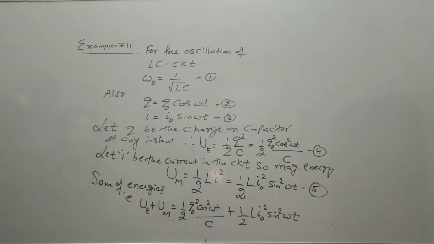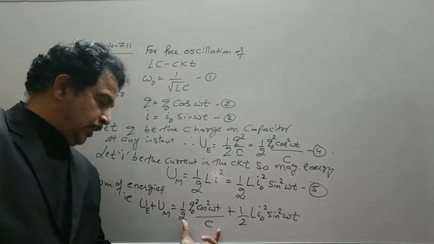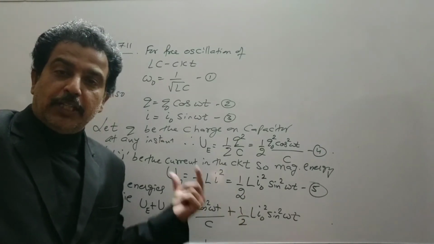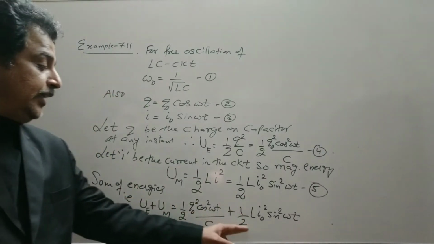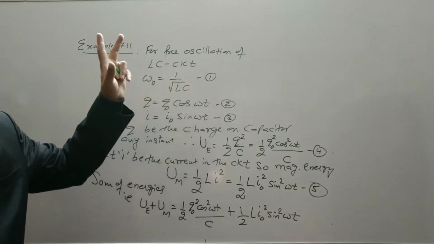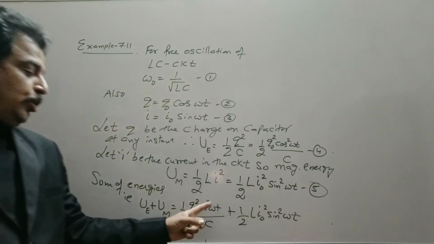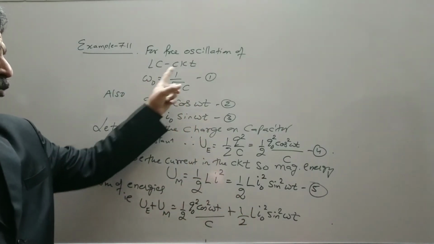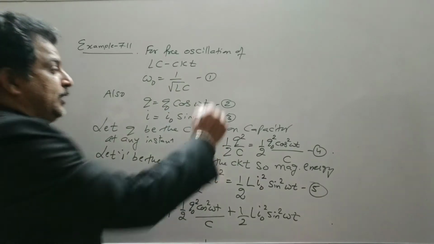Now here half of the equation is in terms of C and half is in terms of L. So the equation that connects L and C is omega naught, which is 1 upon under root LC. So either I substitute 1 upon C or L is equal to 1 upon omega naught square.